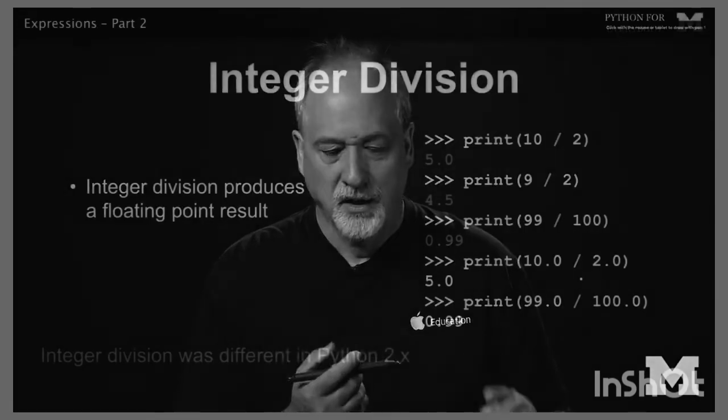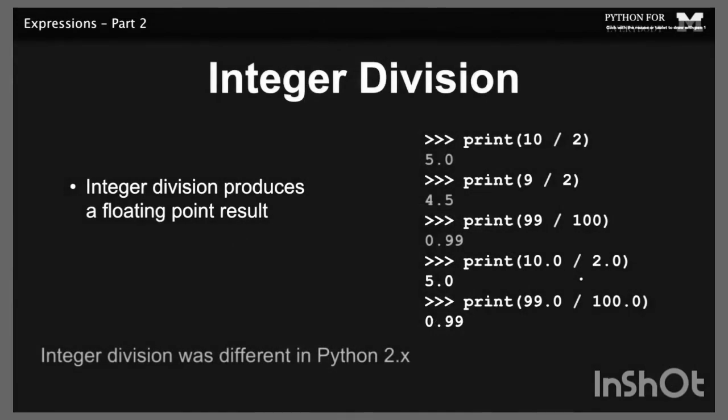Integer division is something that actually changed between Python 2 and Python 3. It's one of the bigger non-upwards compatible changes between Python 2 and Python 3. I'm just reviewing this. There are some things that were different in Python 2. So 10 divided by 2, even though those are both integers, produces a floating point result.